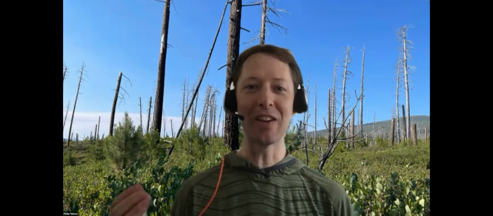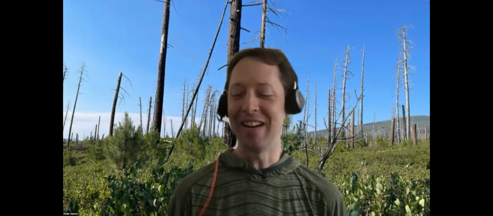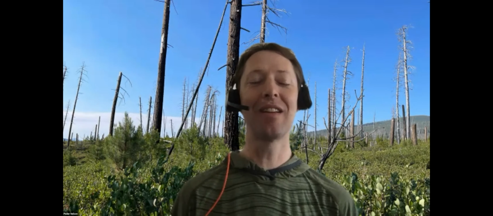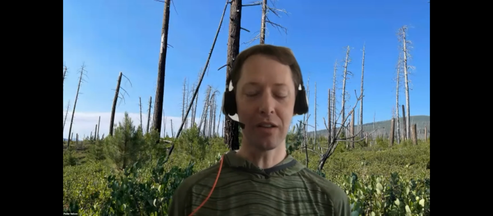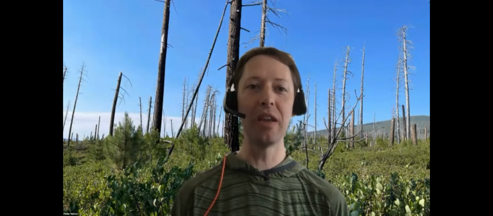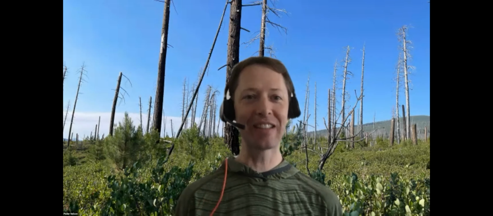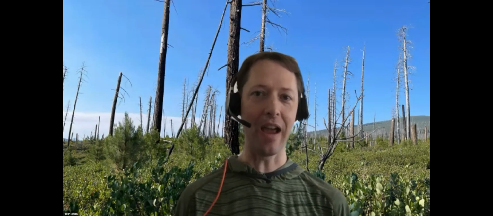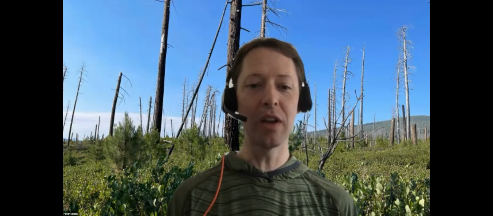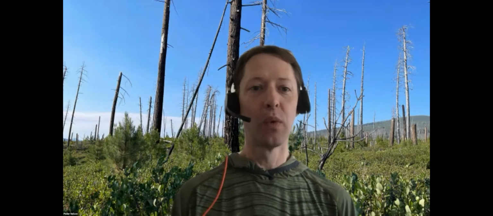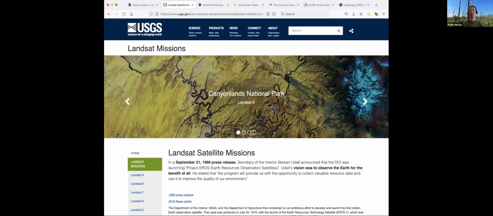I'm really excited, and I hope that you'll join me and get excited as well, that September 16th, there will be a launch of the next Landsat satellite, Landsat 9. And that is going to allow us to really keep tracking all of these tree dynamics that are out there.